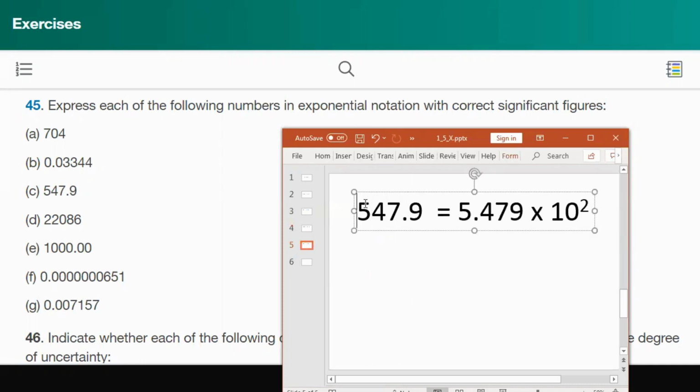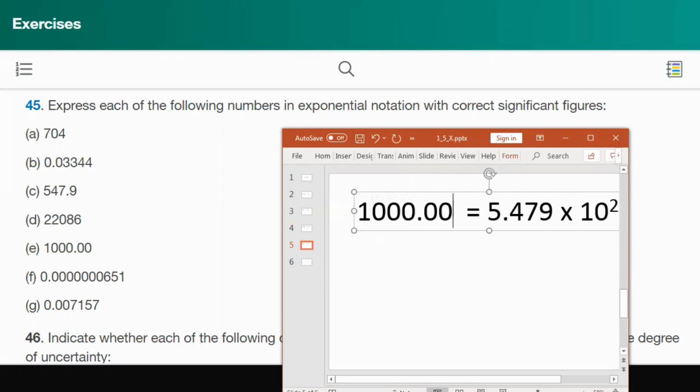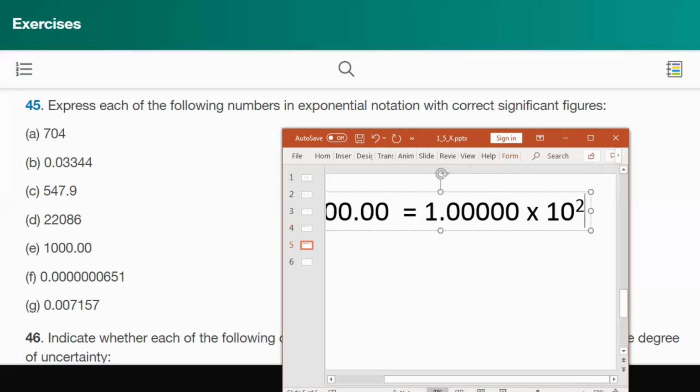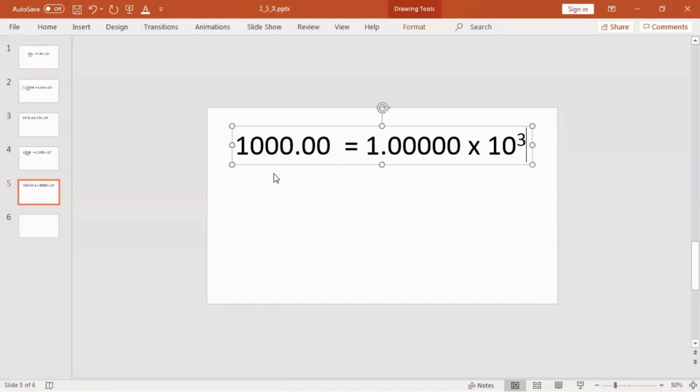So the number that we're dealing with will be 1000.00. Make sure I'm doing this right. We have how many significant figures?